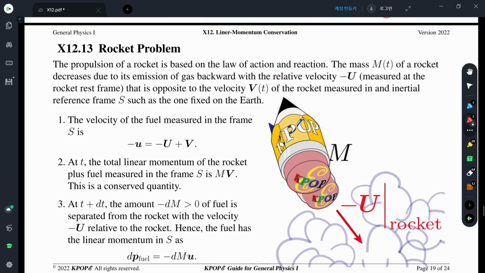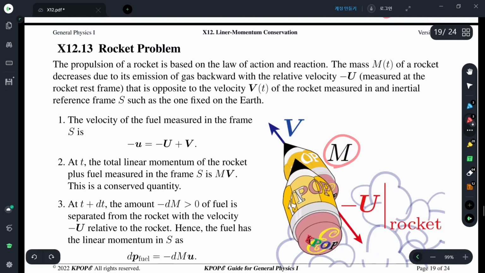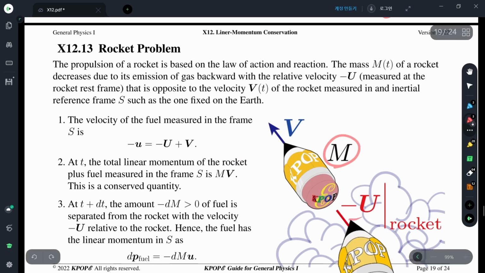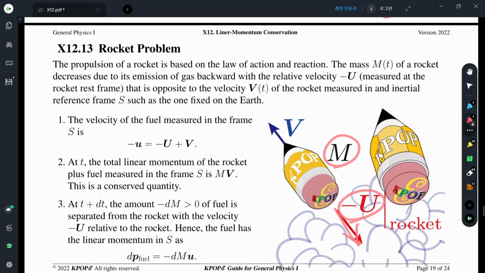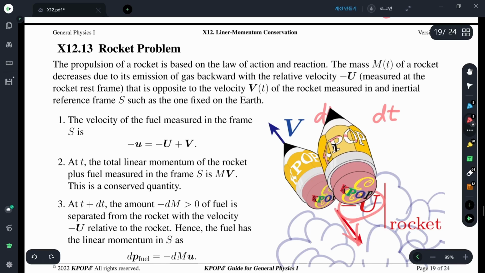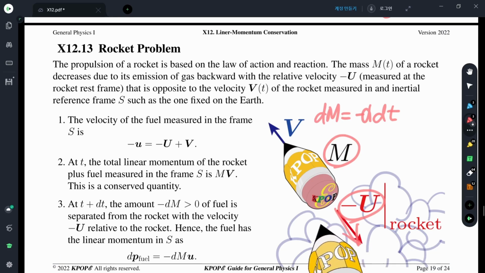The next one, the final stage, we consider the rocket problem. A rocket of mass m flies and it emits gas with a relative velocity capital U backward, minus capital U. During a very short time dt, it loses its mass by this amount, because this gas has its own mass.